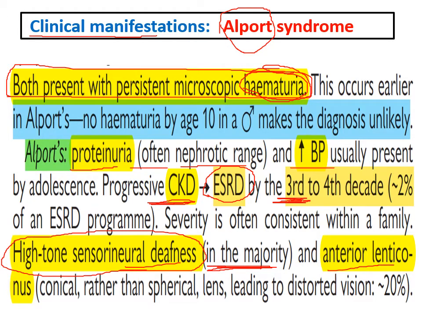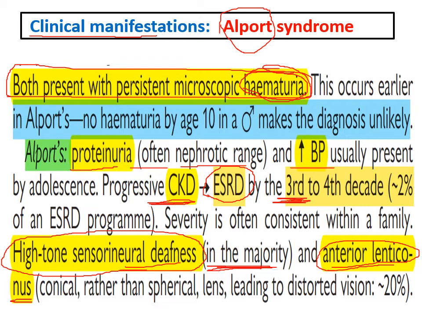And for the eye, we have three common abnormalities in Alport syndrome patients. The most important one is the anterior lenticonus. It is pathognomonic of Alport syndrome. What is anterior lenticonus?